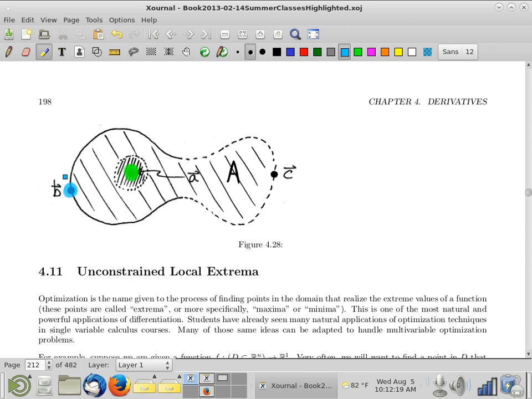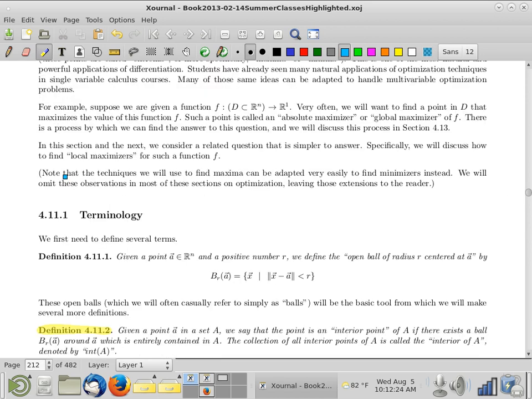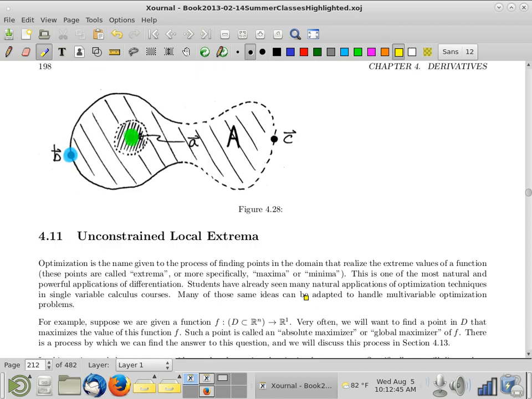So we have a quick and convenient way to describe the difference. It involves using these things called balls. You guys know what a ball is. I'm going to define here an open ball of radius r centered at a point A, and it's notated like that. It's the collection of points whose distance to A is less than r. So a little small ball of some small radius r centered at that point looks kind of like that.